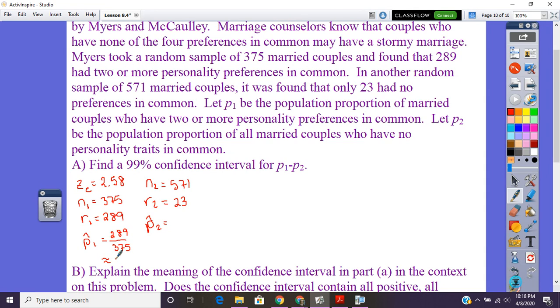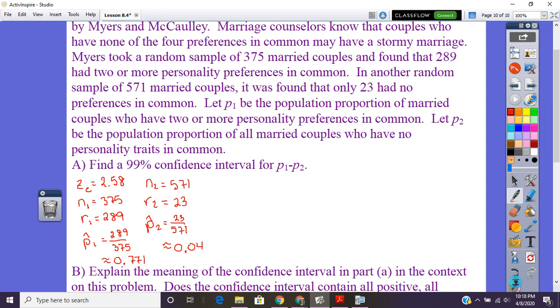This one estimated is 0.771. Likewise, this one could be 23 over 571. Or estimated would be 0.04. So much lower probability there for proportion.